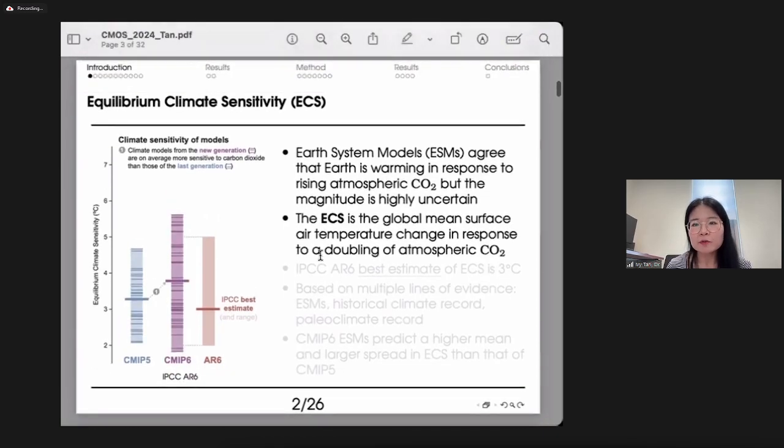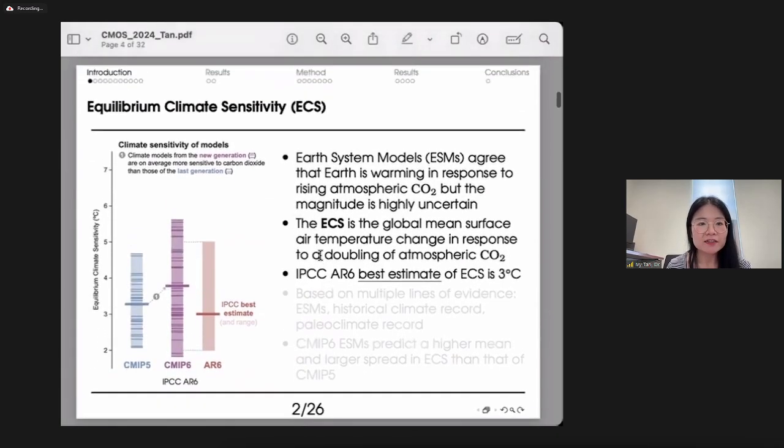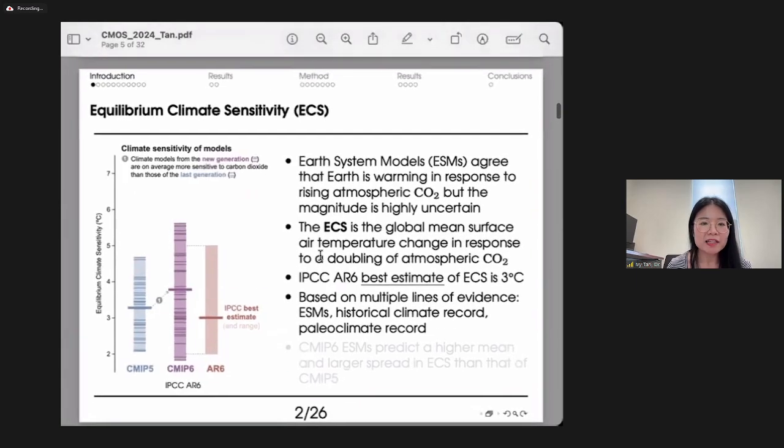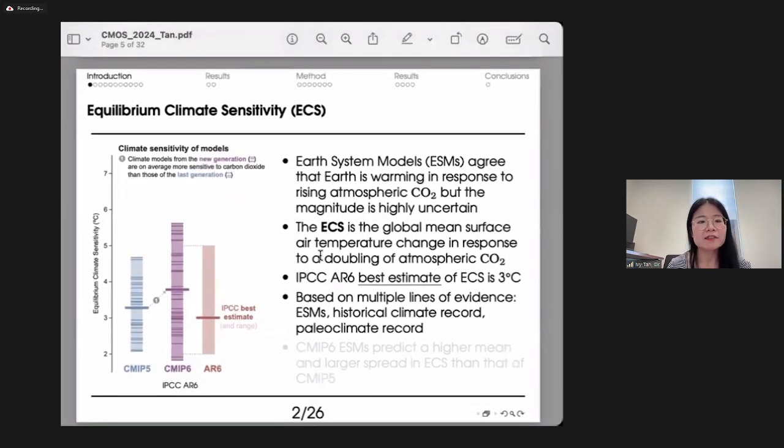This ultimate warming in response to CO2 doubling is a metric known as the equilibrium climate sensitivity, or the ECS for short. According to the IPCC's sixth assessment report, the best estimate of the ECS is currently 3 degrees Celsius, based on multiple lines of evidence, including Earth system models, but also the historical climate record and the paleoclimate record as well.